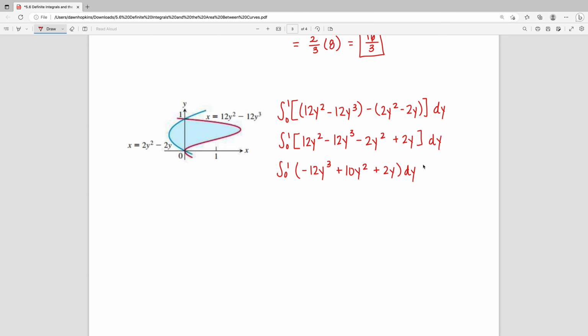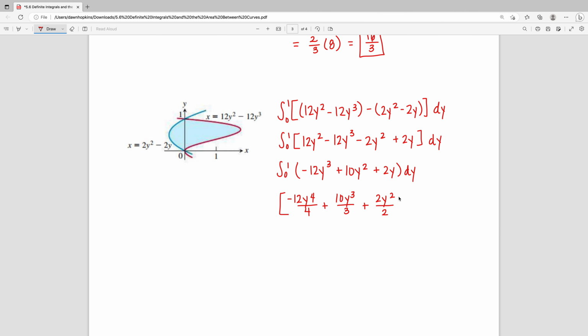So let's go ahead and integrate this with respect to y. For the first term, I'm going to end up with negative 12y to the fourth over 4. In the middle, it's 10y to the third over 3. And the last one is 2y squared over 2.